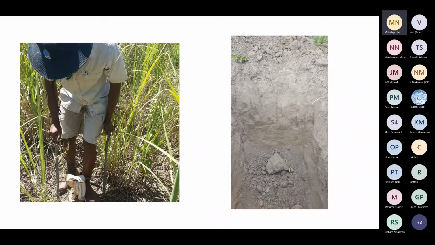Because if you mix the two, you put a non-irrigated variety in an irrigated soil, the variety tends to not perform well because those are not the conditions that it was bred for.